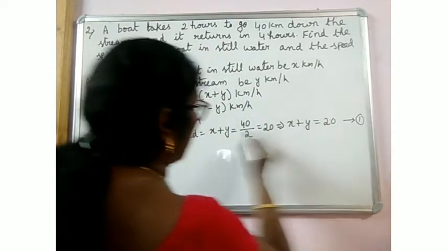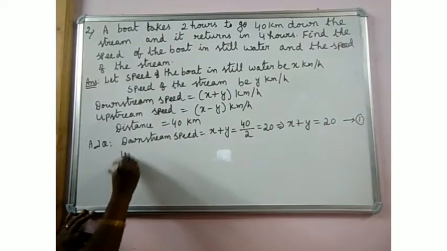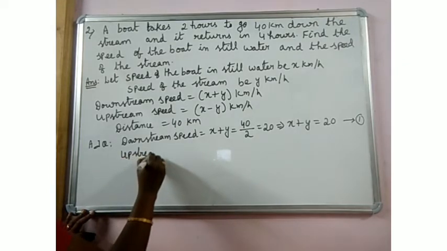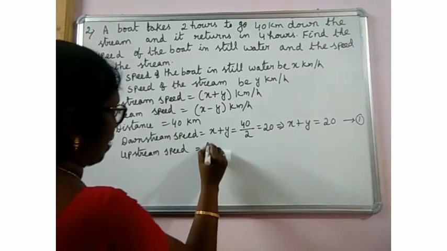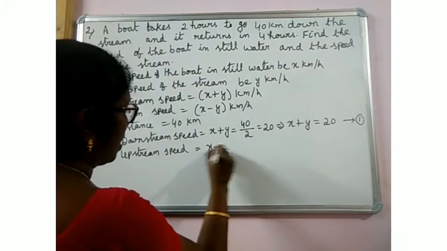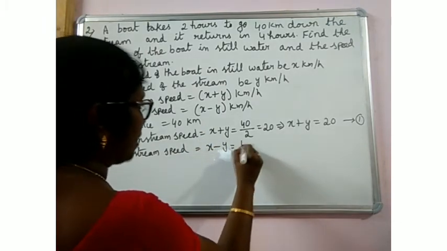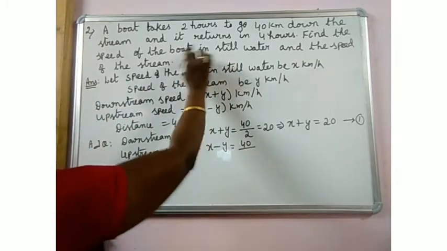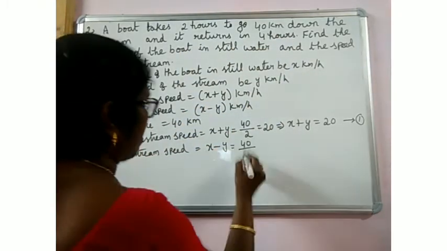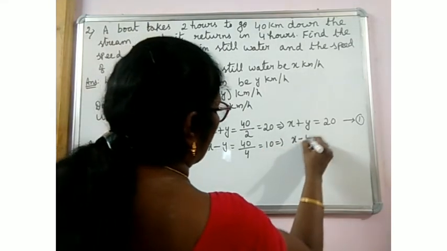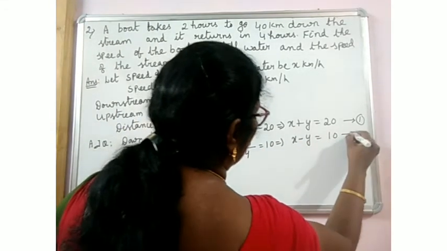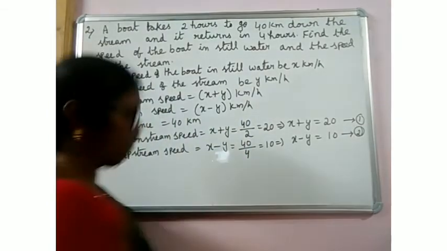I hope this is clear to you. Similarly, upstream speed, that means returning time, speed we got x minus y, okay, x minus y, same distance returning time, but returning time taking is 4 hours, that is 10. That means x minus y is 10. This is our second equation.